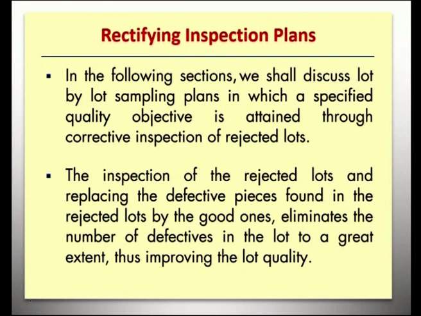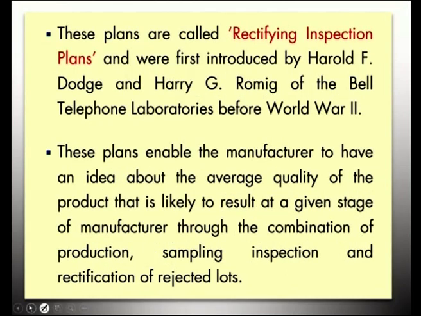So, the inspection of the rejected lots and replacing the defective pieces found in the rejected lots by good ones eliminates the number of defectives in the lot to a great extent, and thereby improves the lot quality. These plans are called rectifying inspection plans and were first introduced by Dodge and Romig, and therefore, there is a specific table called the Dodge and Romig table of the Telephone Laboratories before World War II.